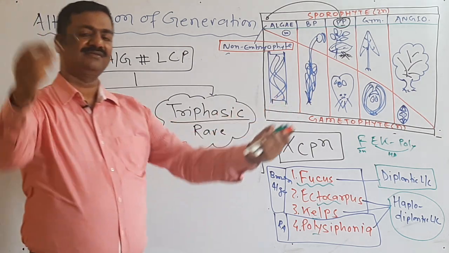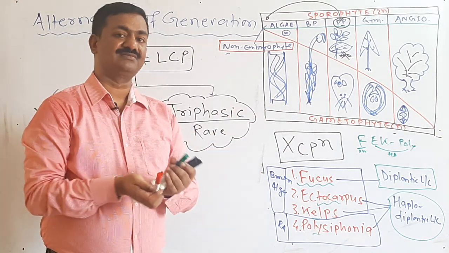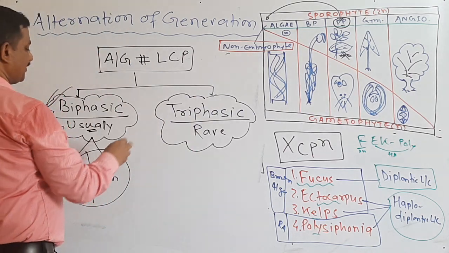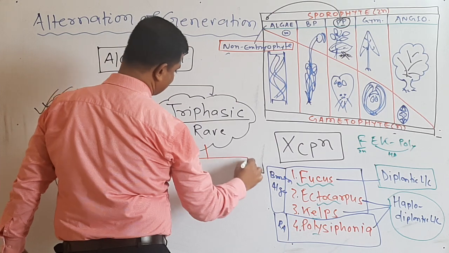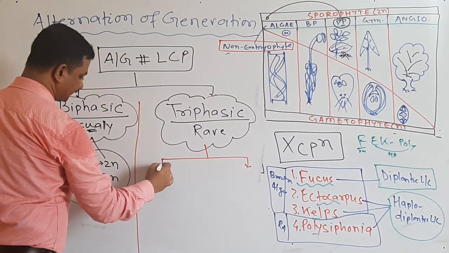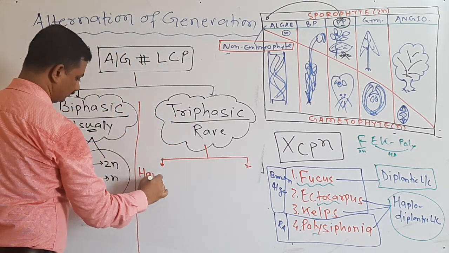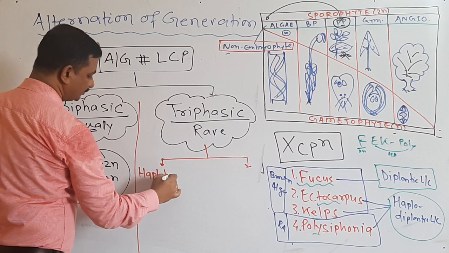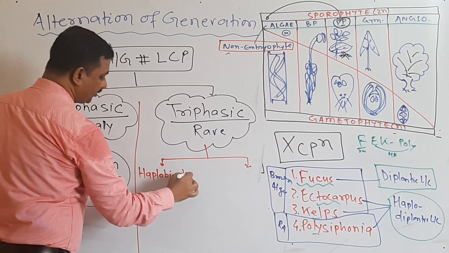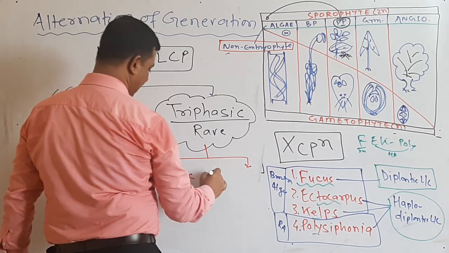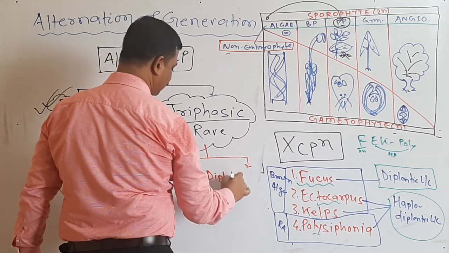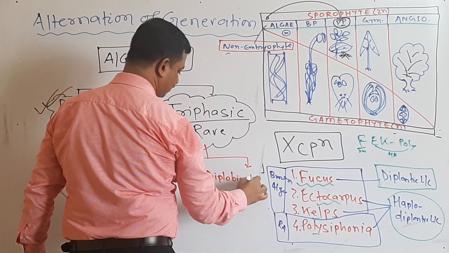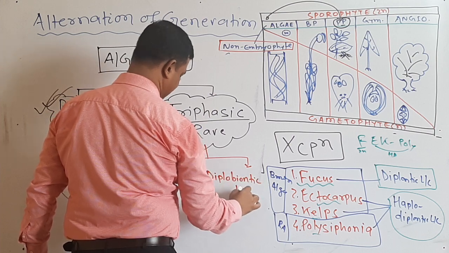But we have some examples that may be triphasic. In triphasic we have two very important examples. One is the haplobiontic life cycle. Another one is the diplobiontic life cycle.